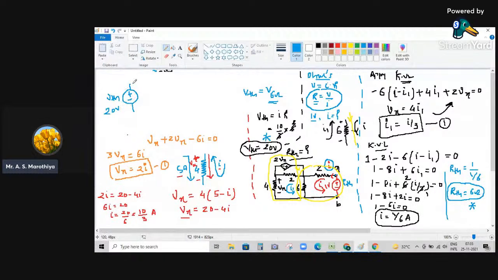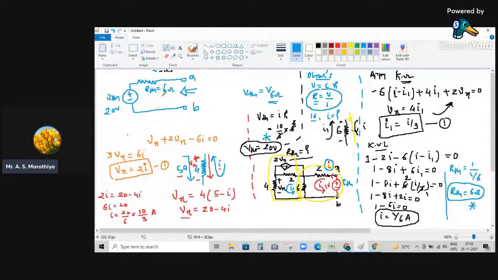Then we connect its equivalent RTH of 6 ohm, and then here we have its two load terminals, terminal A and terminal B. So when you see the circuit from terminal AB, we experience a Thevenin's equivalent voltage of 20 volt, followed by Thevenin's equivalent resistance of 6 ohm.